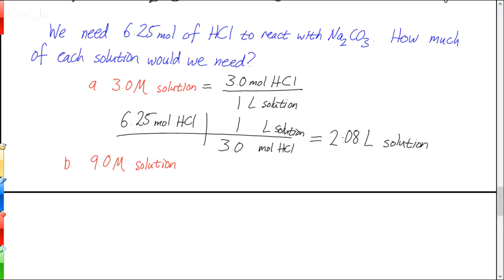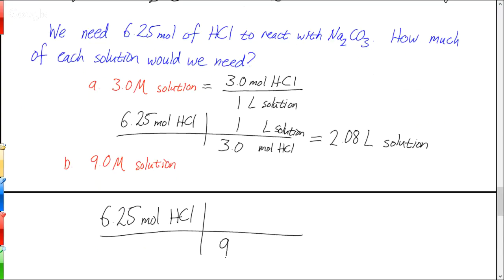All right, so let's do that same calculation. This time we've got 9 moles of HCl per liter of solution.